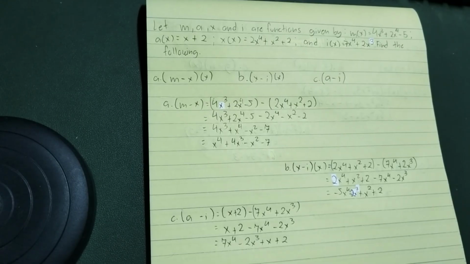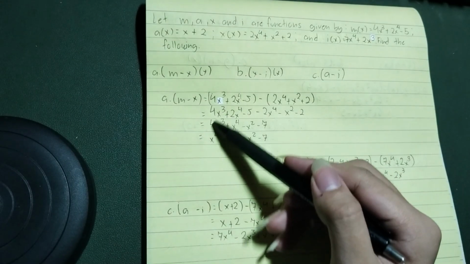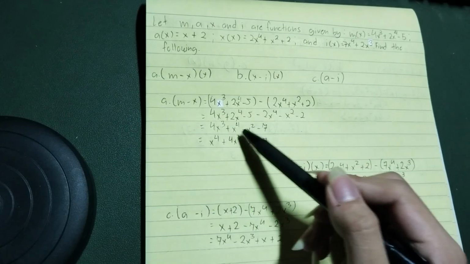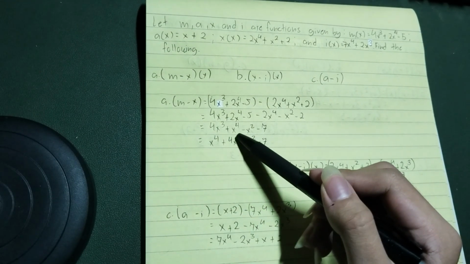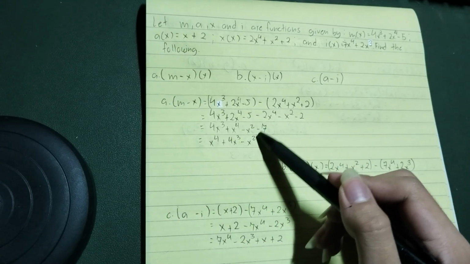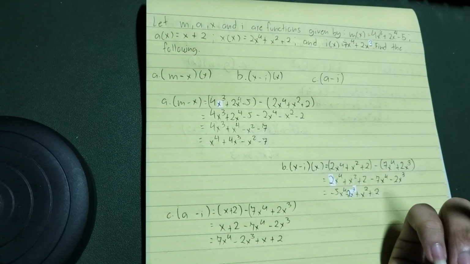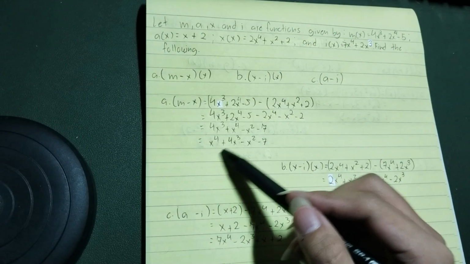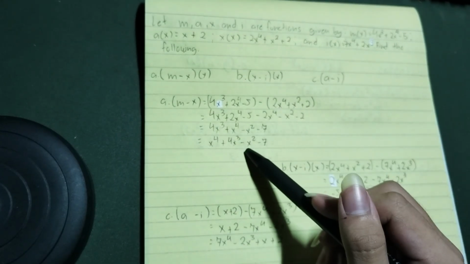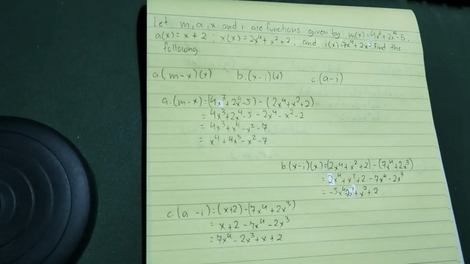And then combine like terms, that would give us 4x raised to 3 plus x raised to 4, and then negative x raised to 2 minus 7. Just arrange it from highest degree to lowest degree. That would give you the final answer.